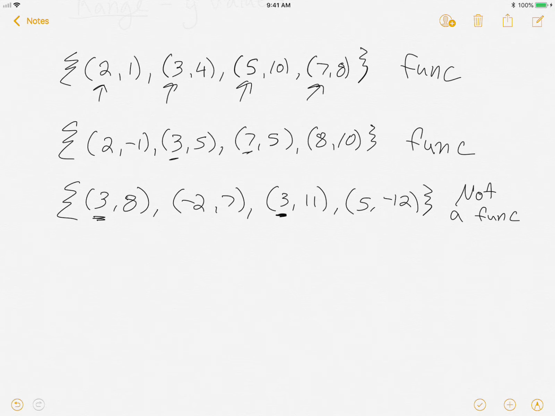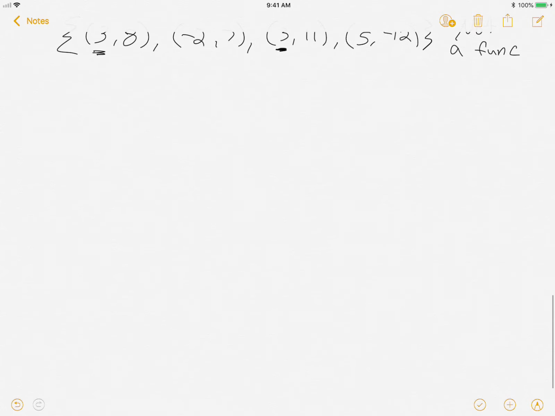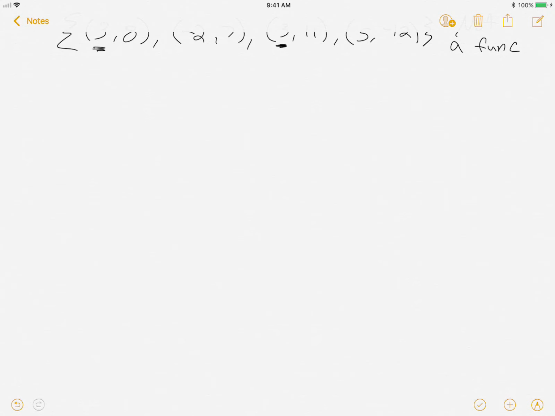Okay. Now, how can we tell on the graph? Okay, we can tell something by the graph. If a graph is a function, we can tell by seeing if it passes the vertical line test.